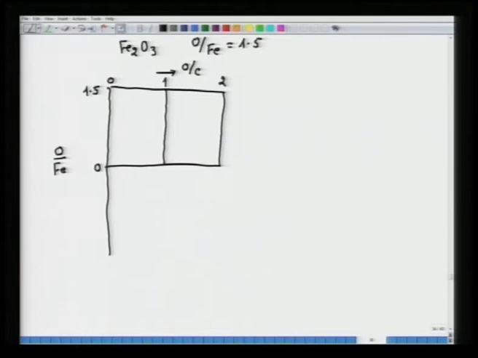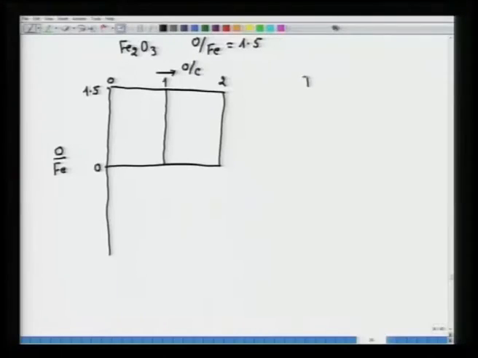Now, demand is fixed for a particular raw material. For example, our D for pure Fe2O3, we have calculated 486,000 when we are charging pure Fe2O3 and pure liquid iron is the product.